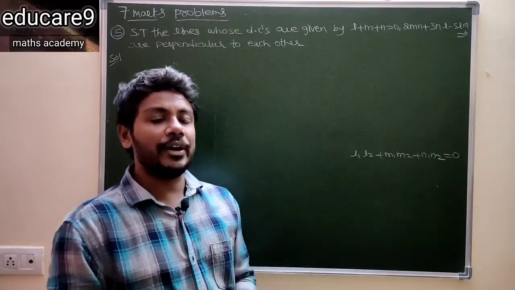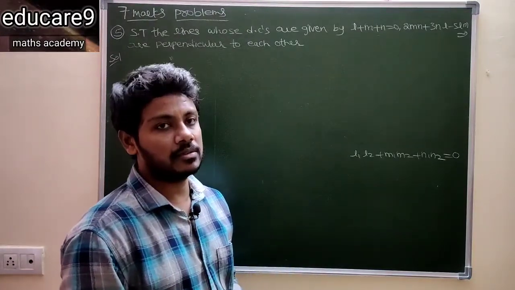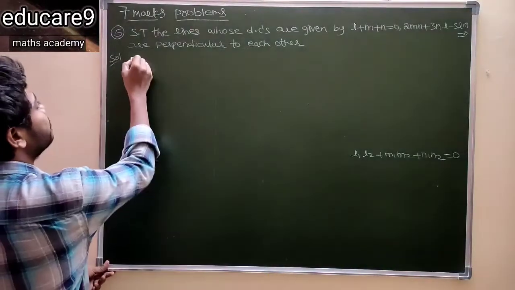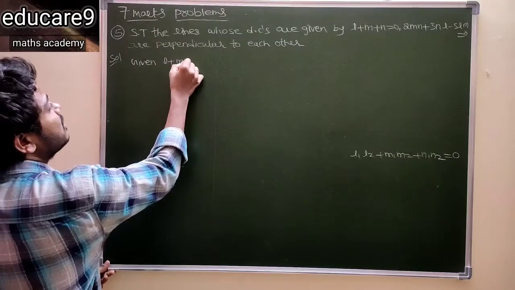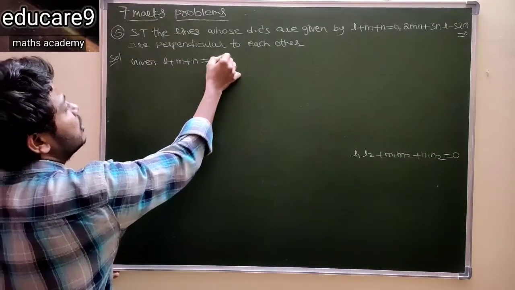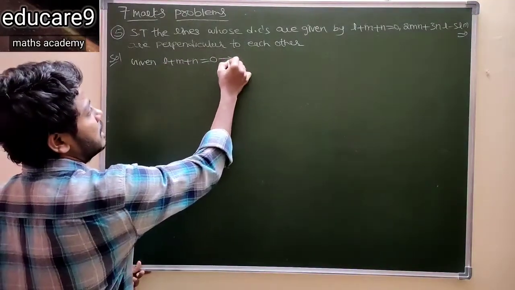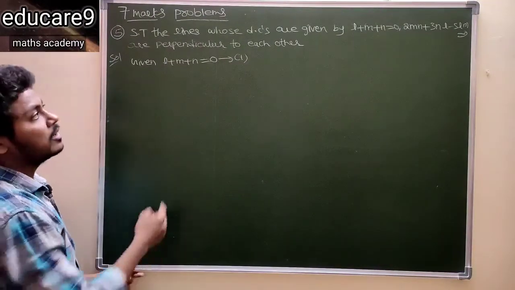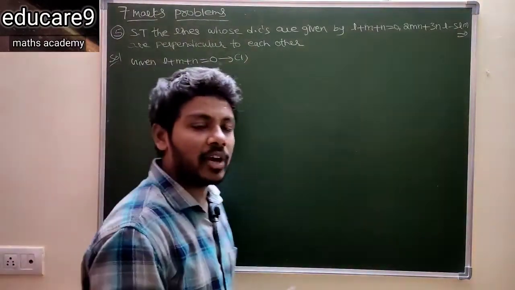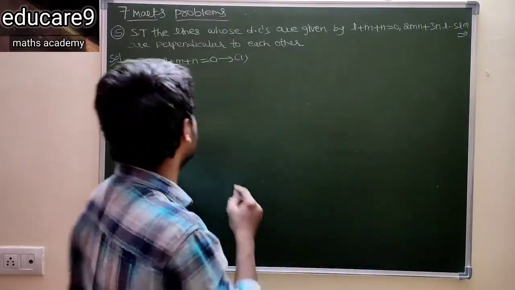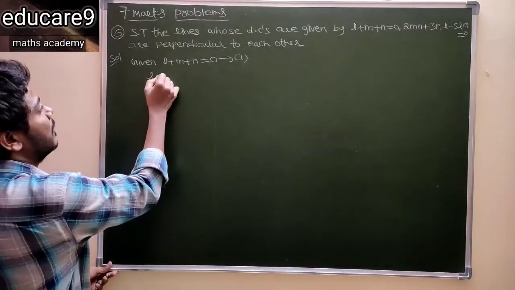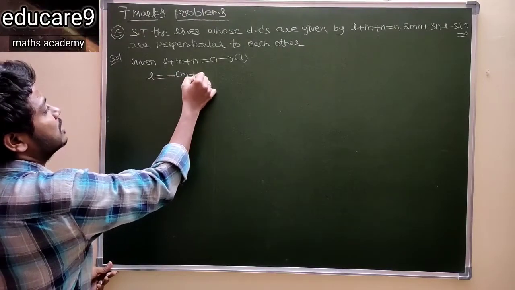So first you need to find the DCs of the lines. See here, given the relation l + m + n = 0. This is equation 1. From this we can write the value of either l, m or n. See here, l = -(m + n).